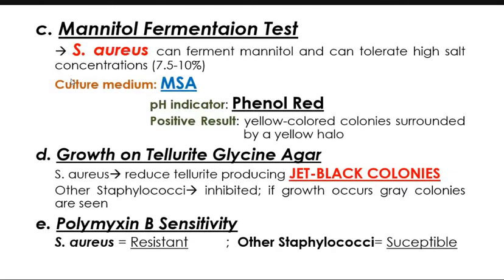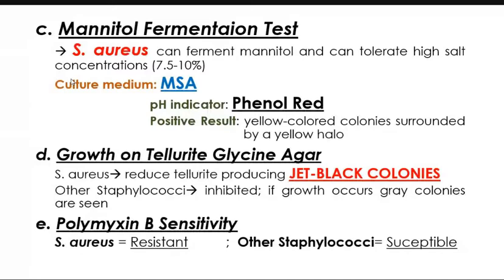So that if you already have, kunyari, a gram-positive cocci that is catalase positive, and then coagulase positive pa rin siya, would you still proceed to doing all of the other biochemical tests? Yes or no?